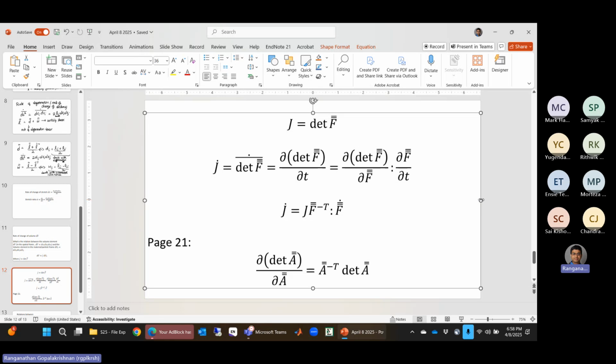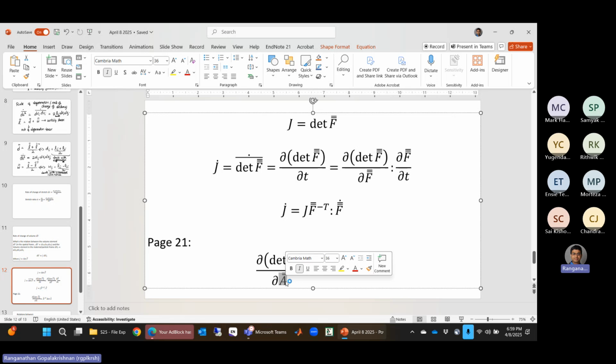Okay, so if you go back to homework 1, this is one of the identities which we proved. We started with the expression for determinant, and then we wanted to get the derivative of a determinant with respect to an arbitrary component of the tensor A, and you will end up with this expression. So I would ask you to go back and look at your homework 1.